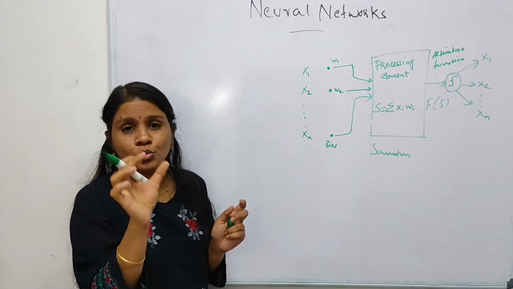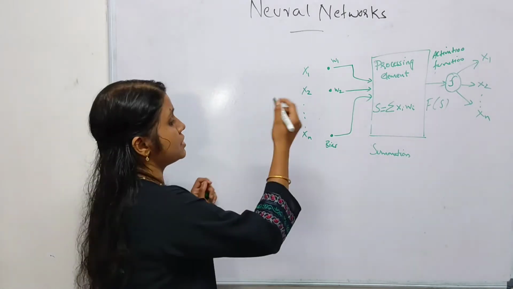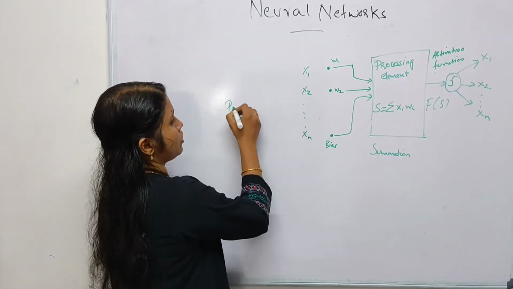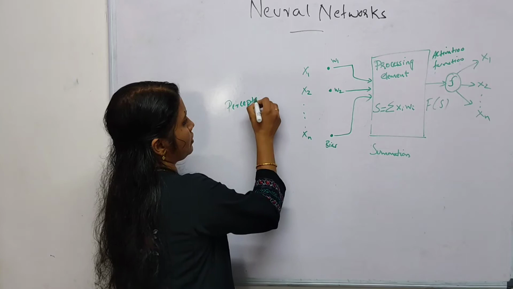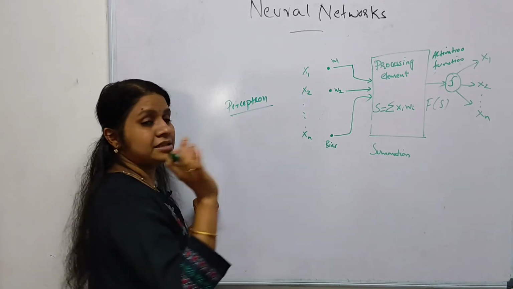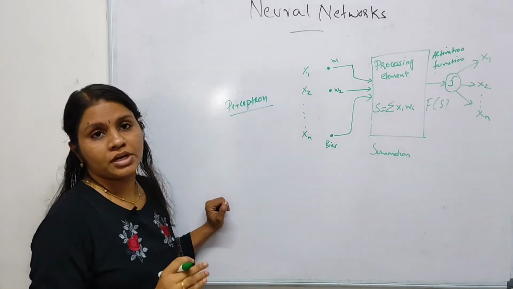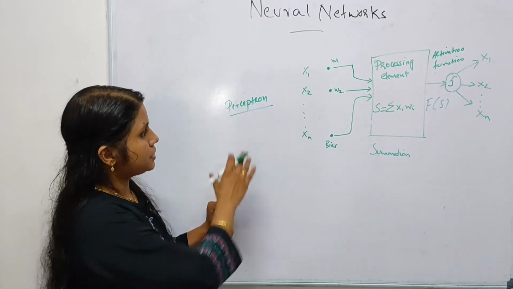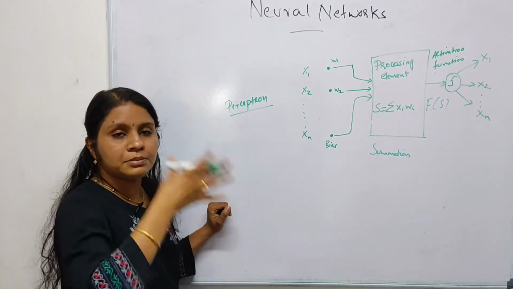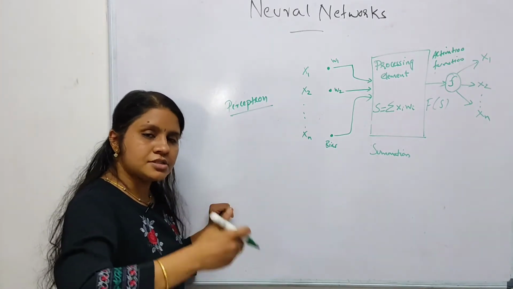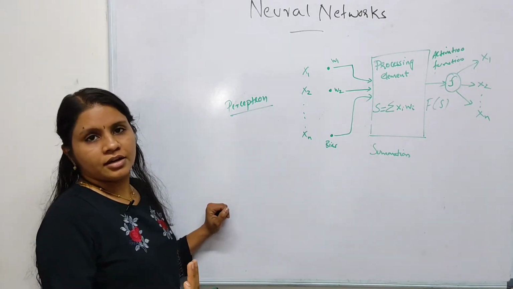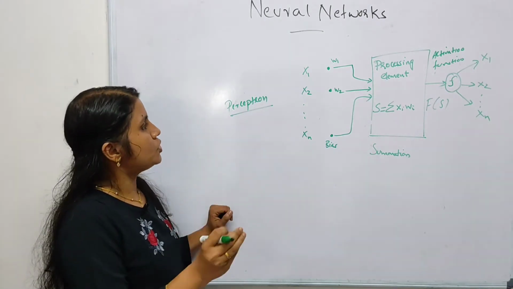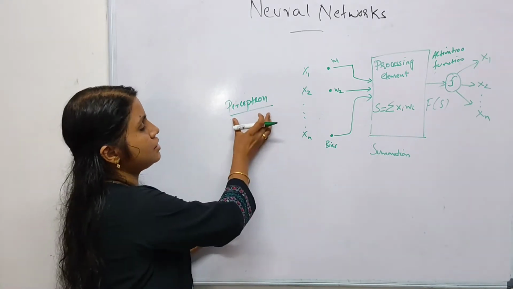The most basic unit in the neural network is the perceptron. It takes input as binary and produces output as binary. So the main processing unit is the perceptron.